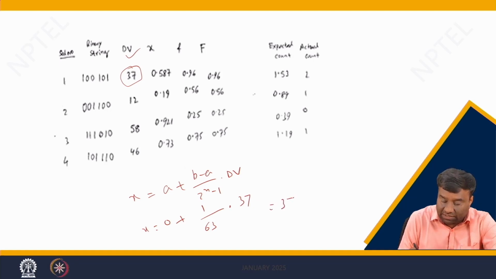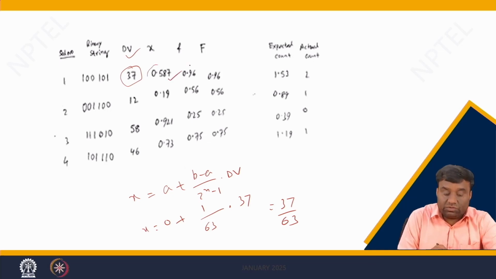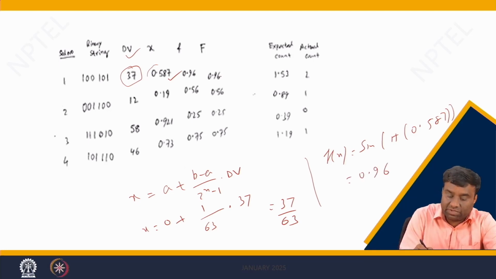So that is 37 by 63, which is equal to 0.587. So that is the value of x. Now what is f of x? f of x is sine of pi into 0.587, which is 0.96. So that is the fitness value also, 0.96.